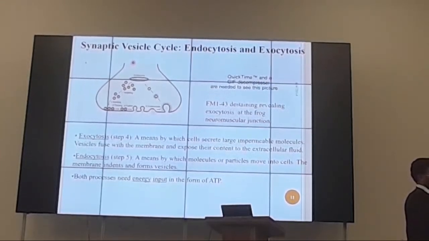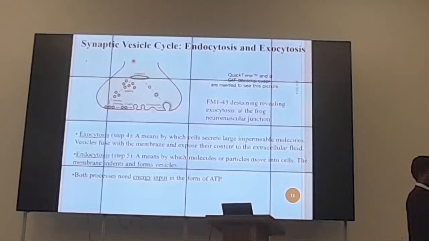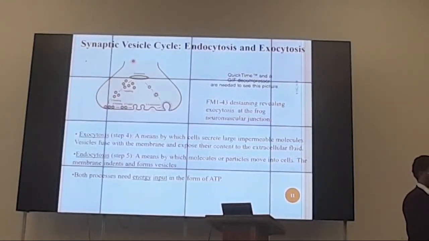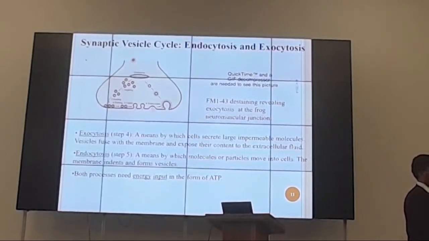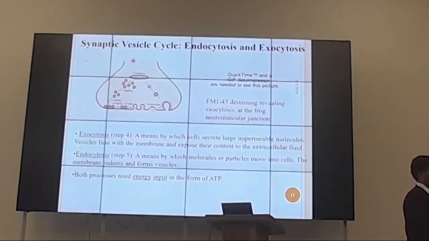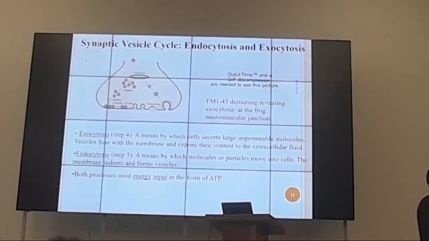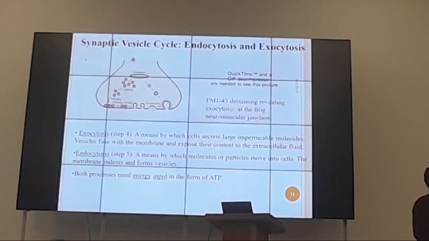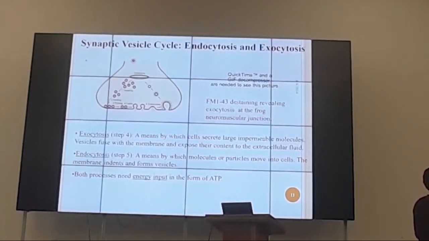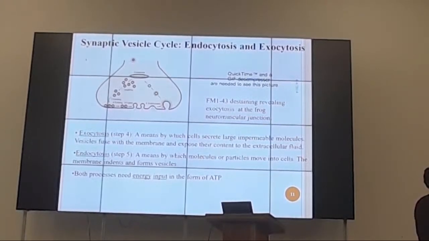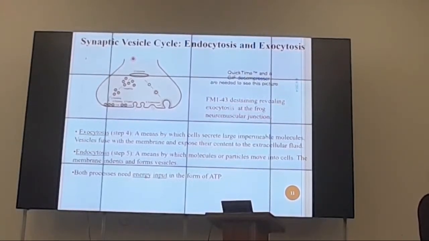You get my point? The amount of stimulation is proportional to the amplitude of the graded potential generated. That's what we're trying to say. I don't know if that helps. But it's not the same thing with action potentials, whereby you have this threshold below which there's no action potential, above which, regardless of the amplitude of stimulation, you will have the same type of action potential. That's not the case with graded potentials.